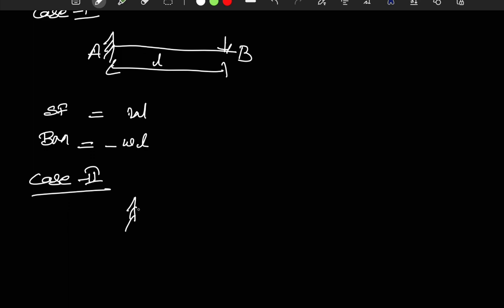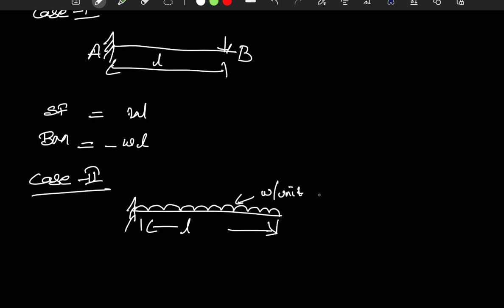Case 2: cantilever beam subjected to UDL over the entire span L, with W per unit length.